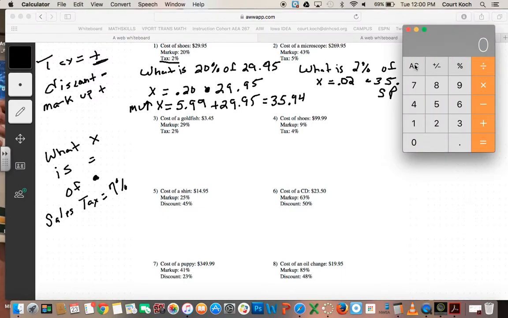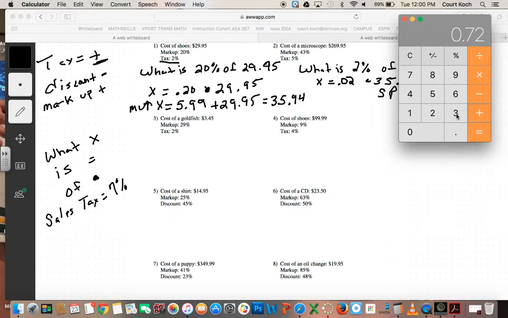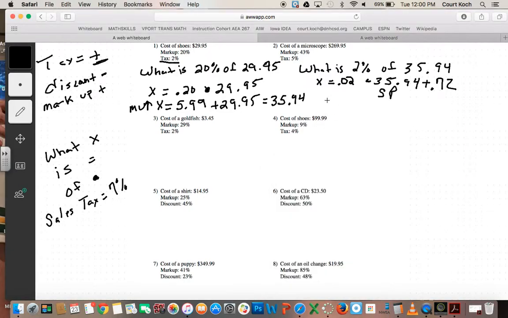So we're going to condense this down to 72 cents, 0.72 plus the 35.94, and we get $36.66. So that means my final answer is $36.66.